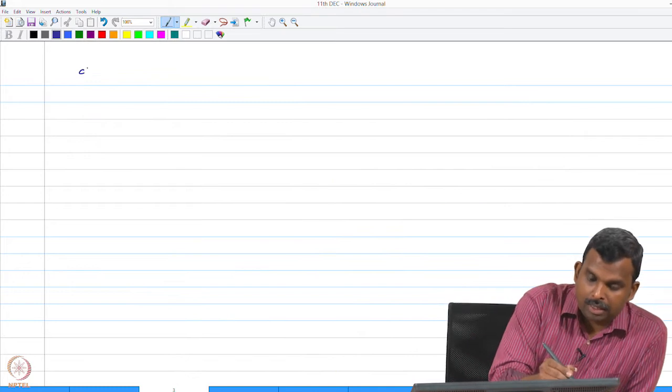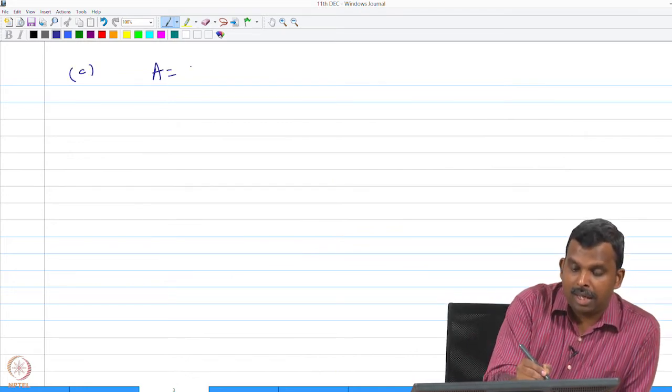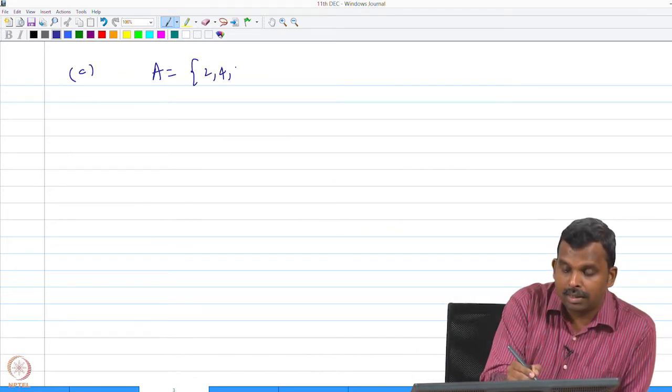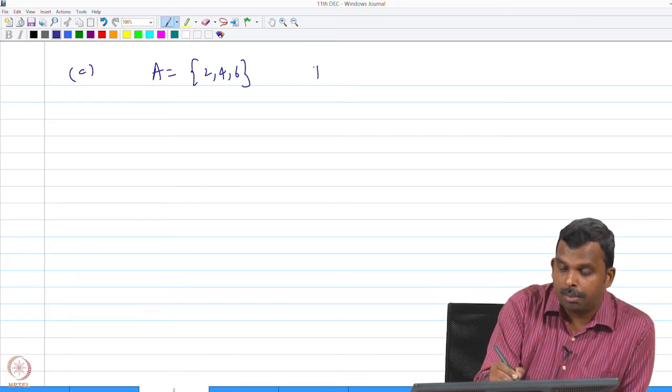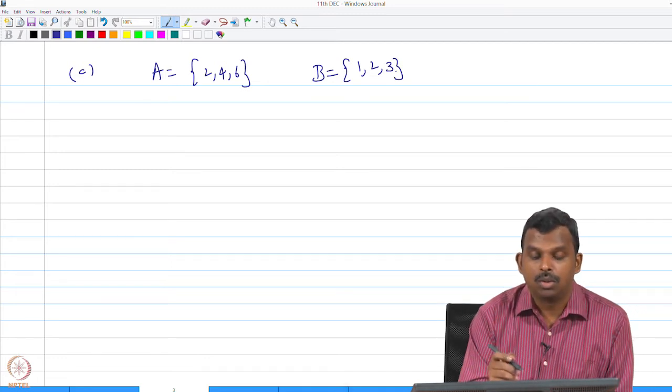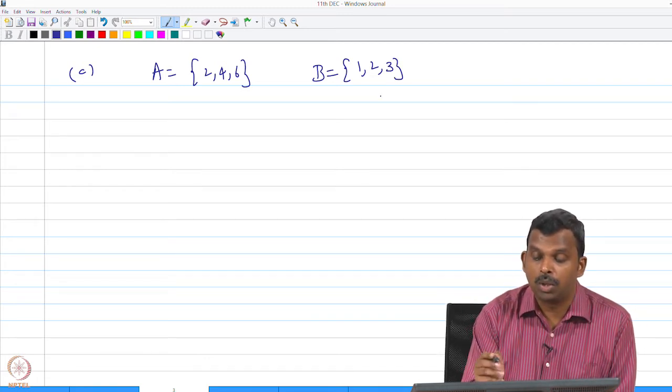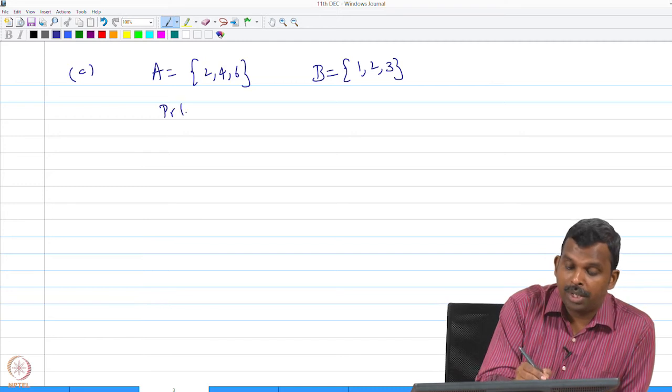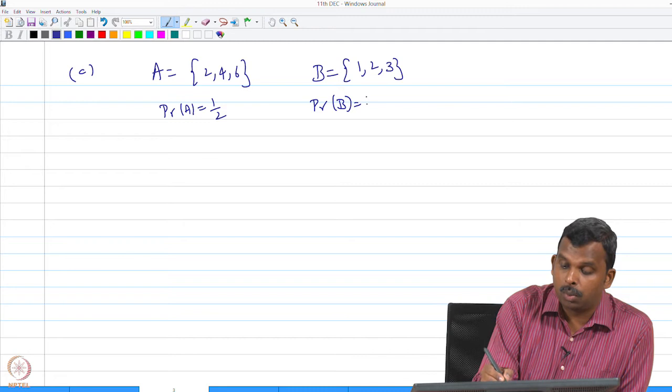If you take an example here where I keep A as again 2, 4, 6, and then I keep B as, let us say, 1, 2, 3. Okay. So, A is 2, 4, 6, B is 1, 2, 3, and again if you do the probability of A, now you get 1 by 2, the probability of B you again get 1 by 2, right.